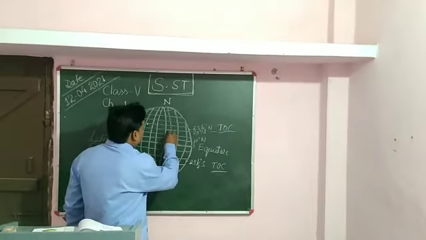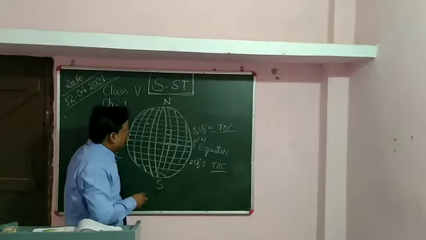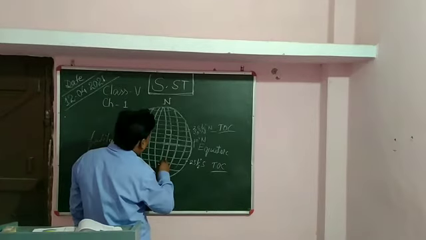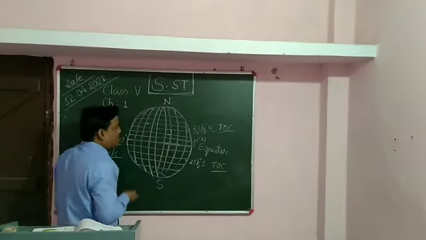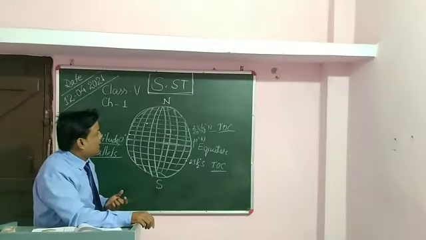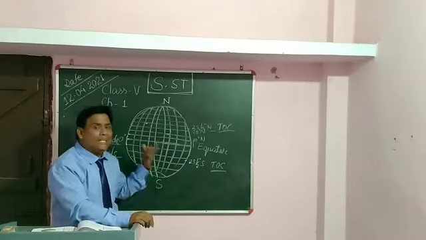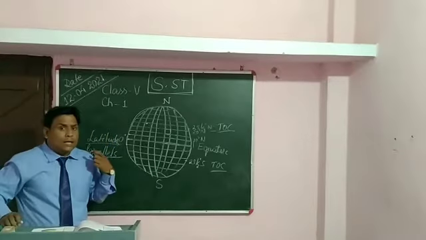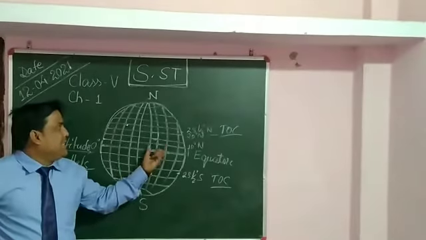This is a grid. If you want to tell somebody the location of India, you have to keep one thing in mind. The Asian continent entirely lies in the northern hemisphere.